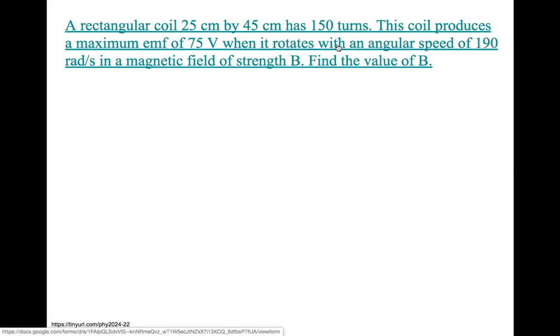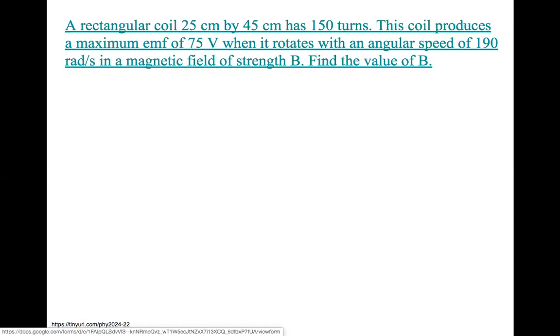The coil produces a maximum EMF of 75. So that means N times B times A times omega is equal to 75. Now it says the angular speed is 190 radians per second, so this refers to the omega.